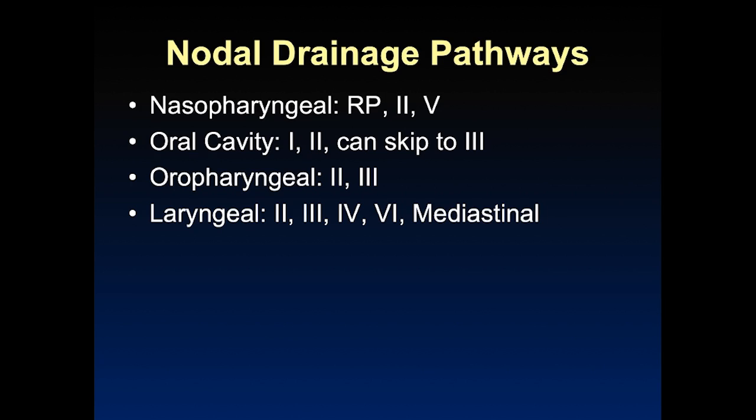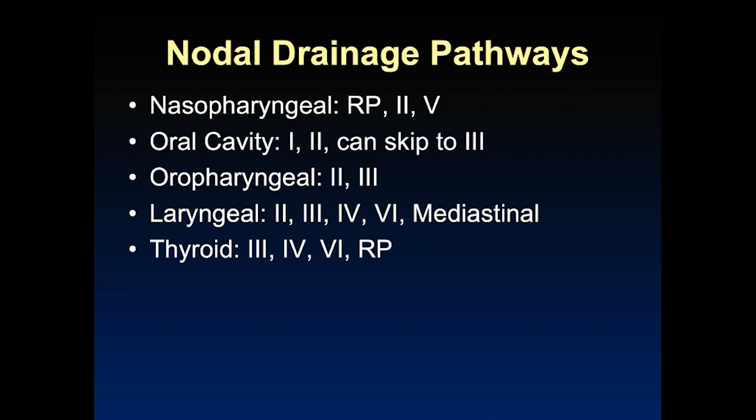Laryngeal cancers will usually start at level 2 and level 3 again, but involve your central compartment nodes such as level 6 and also move inferiorly into mediastinal nodes. So you may see lower mediastinal nodes before you ever see nodes in lateral neck level 4.